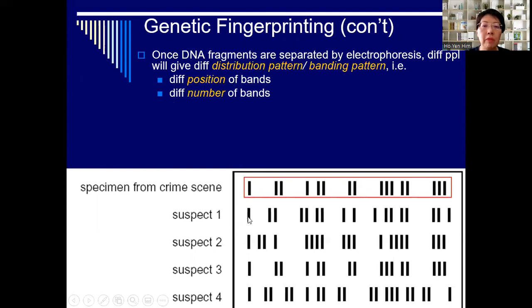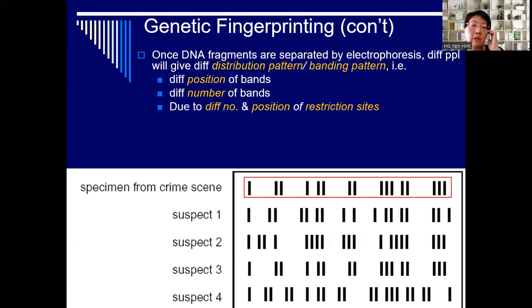You can see that some specimens have fewer bands, like suspect 3, whereas suspect 4 has more bands. So every individual has a different number and location of bands, and that gives us the unique genetic fingerprint.